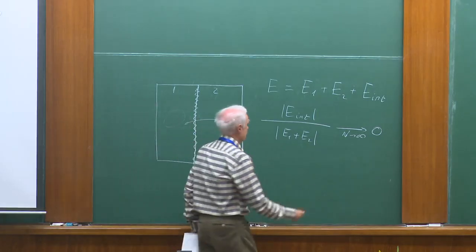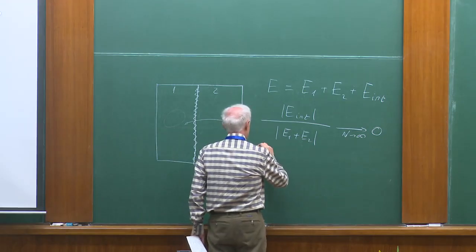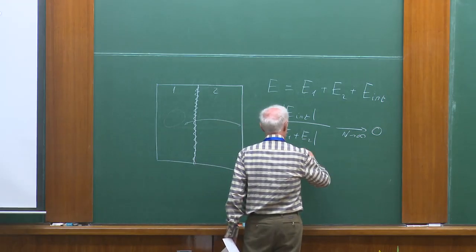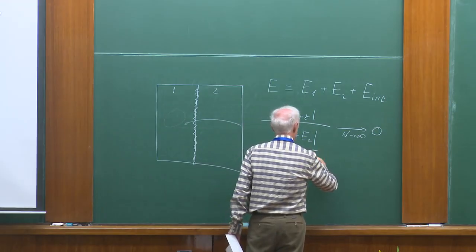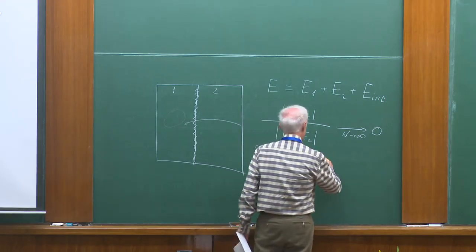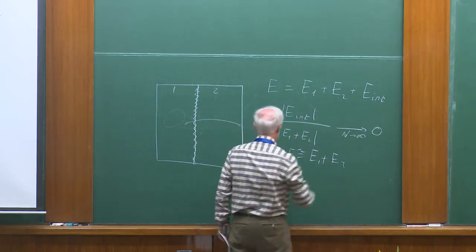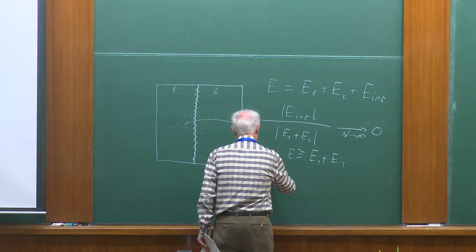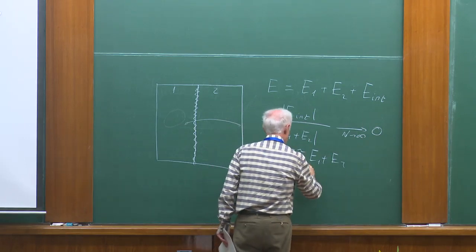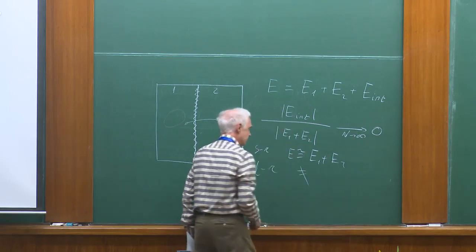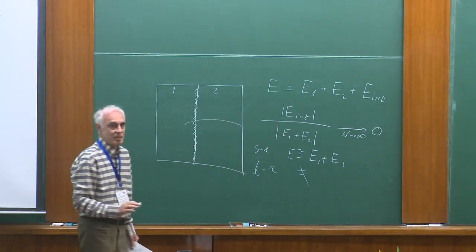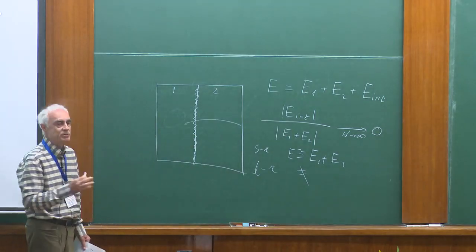While in a short-range system, when the system is large enough, you can neglect the interaction. For long range, this is not true. And this is the main physical reason for practically all the differences.